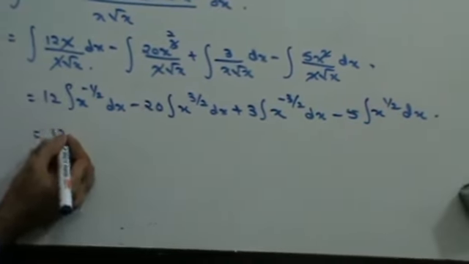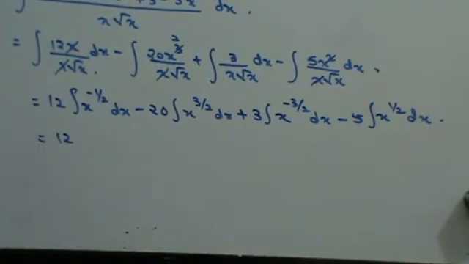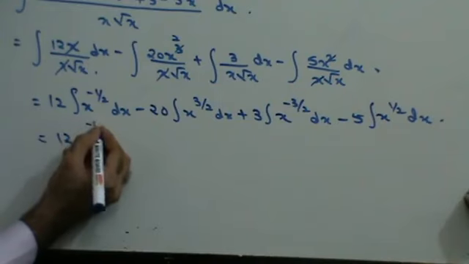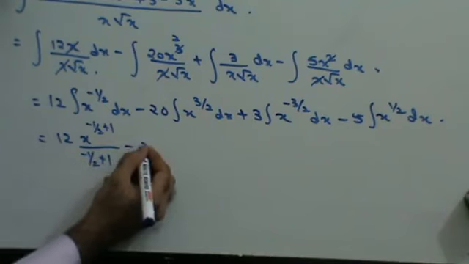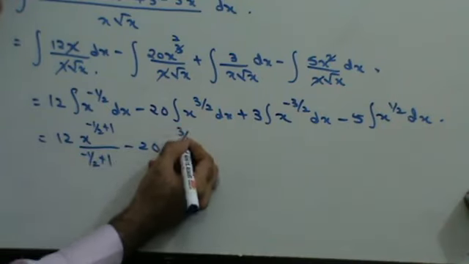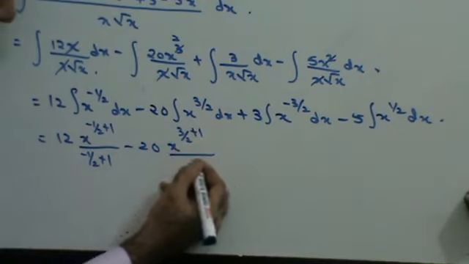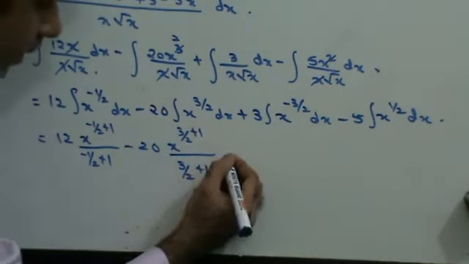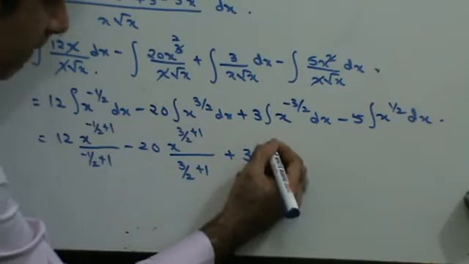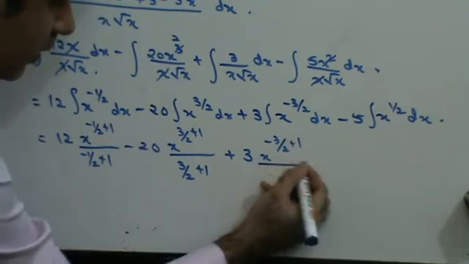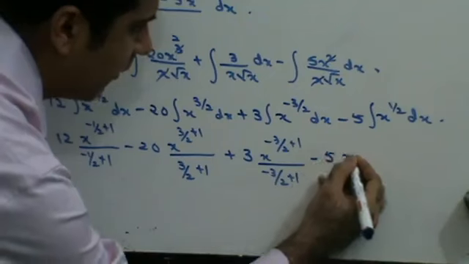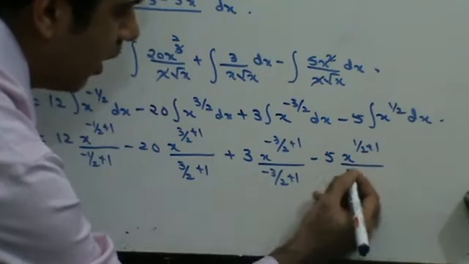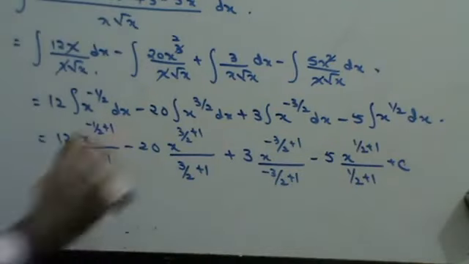Now, this can be written as 12. Same formula, integral of x raised to n is x raised to n plus 1 upon n plus 1. So, minus 1 by 2 plus 1 upon minus 1 by 2 plus 1. Same formula again, 3 by 2 plus 1 upon 3 by 2 plus 1, plus 3 minus 3 by 2 plus 1 upon minus 3 by 2 plus 1, minus 5 1 by 2 plus 1 upon 1 by 2 plus 1, plus c.